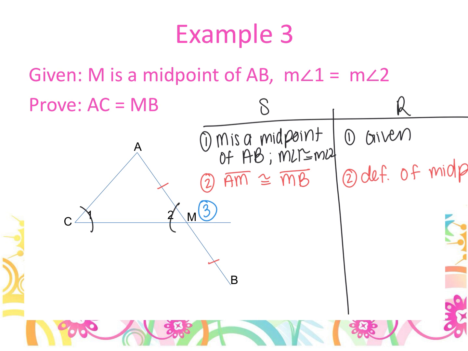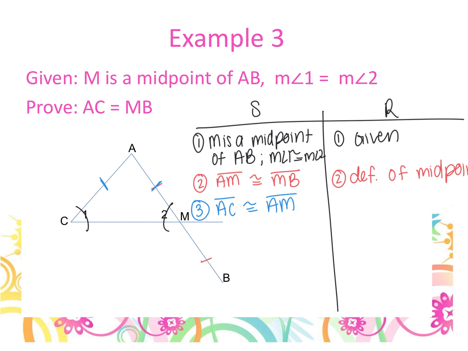And because those two angles are congruent, what can I state is also going to be congruent? Side AM is congruent to side AC. Good. So because those angles are congruent, I can now say AC is congruent to AM.